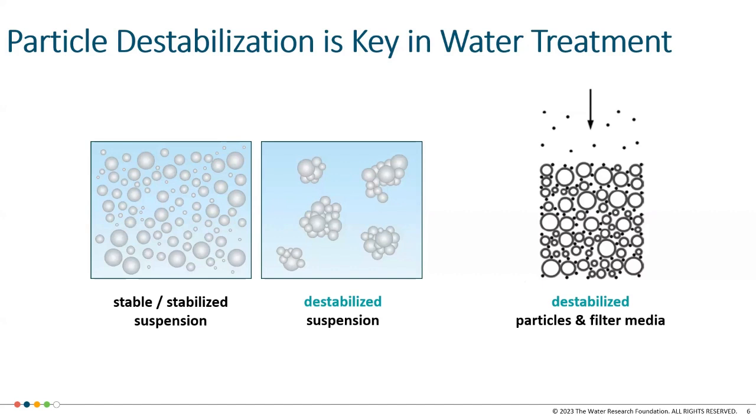When particles are destabilized, we get good aggregation, meaning good flocculation and subsequent sedimentation. And on the right, we've got good particle deposition and removal during rapid or chemically assisted filtration. Again, that's discussed more in Module 5, but you see the small particles depositing on the filter media grain surfaces and being removed during filtration.